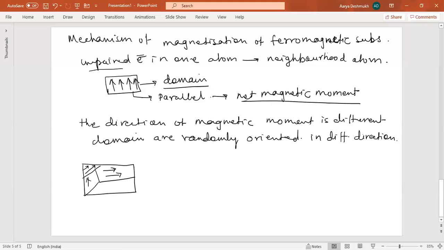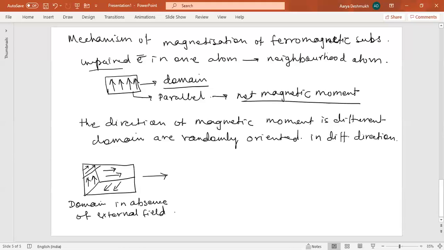Remember, this happens in absence of external magnetic field, and they will align in one direction. This is the domain in absence of external magnetic field.